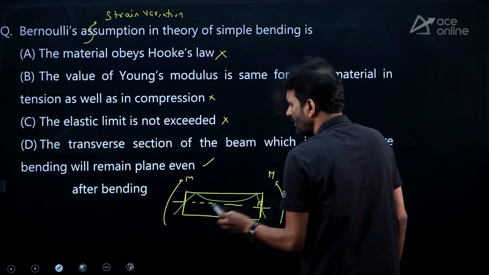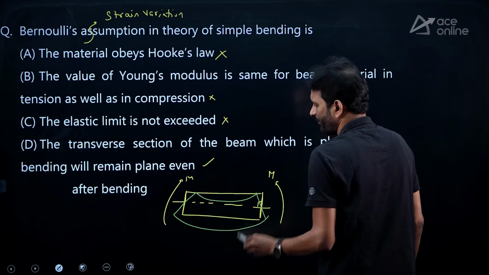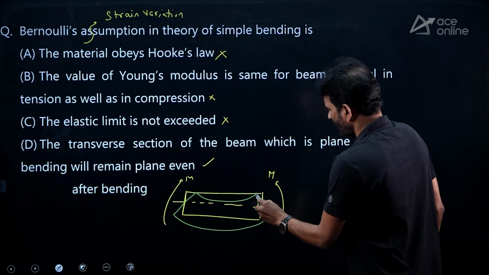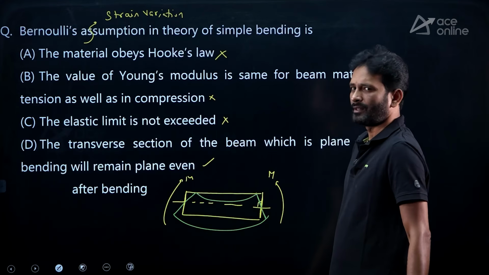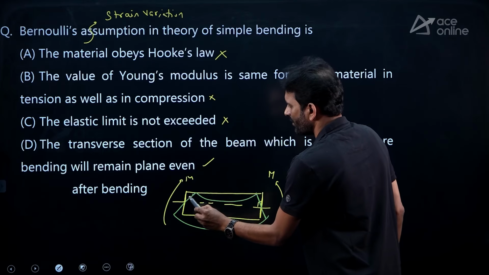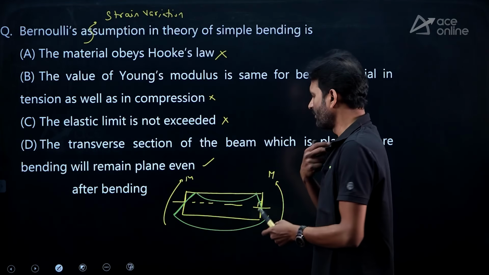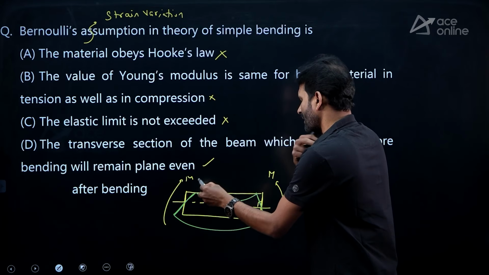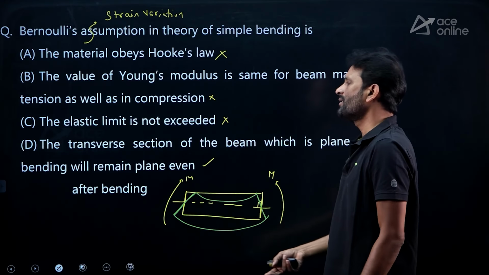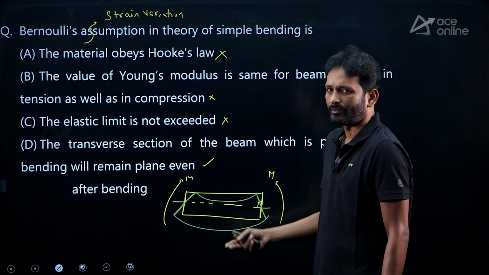This is the deformed position of the beam. Again, if you observe, it has a plane surface even after bending. It gives only dimensional changes. The reason? Because of the absence of shear force. Yes, the cross-sectional planes remain plane even after bending.